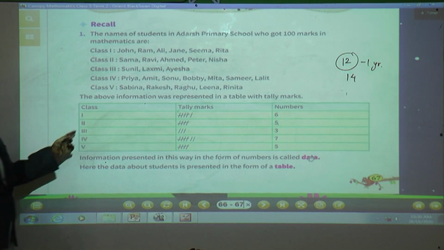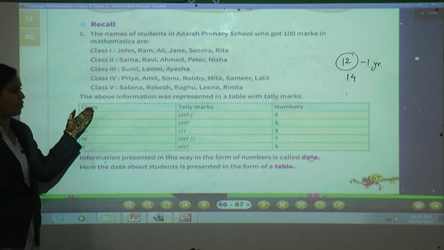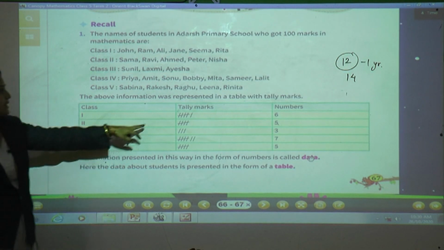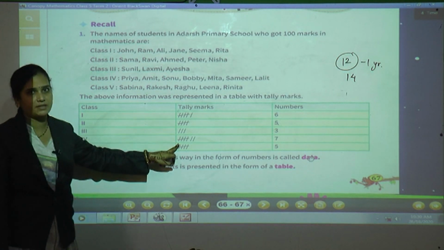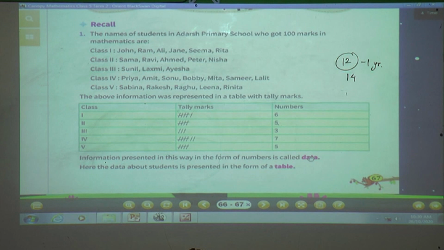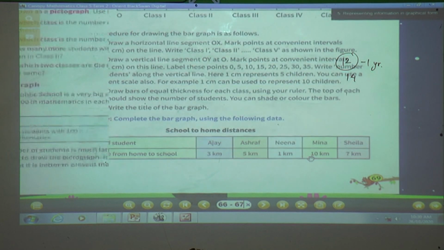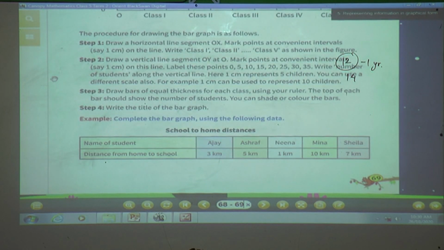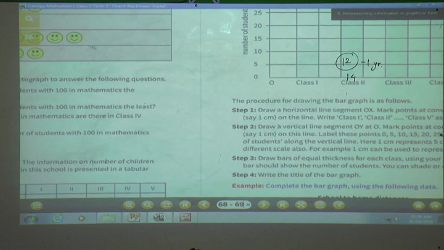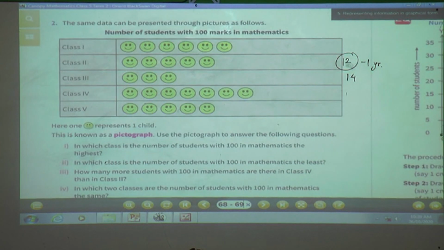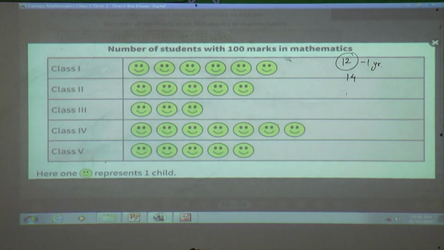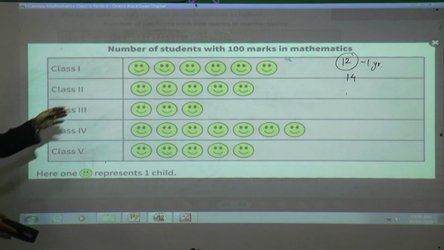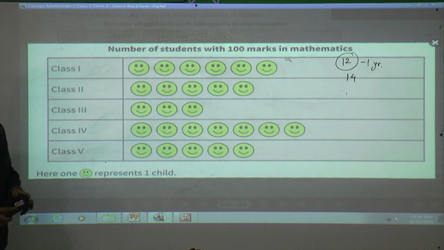Here the data about students is presented in the form of a table. These are called tally marks. Okay students, next page, see here pictograph. Students, instead of showing the numbers, they have shown pictures here. Okay, so this is called a pictograph.